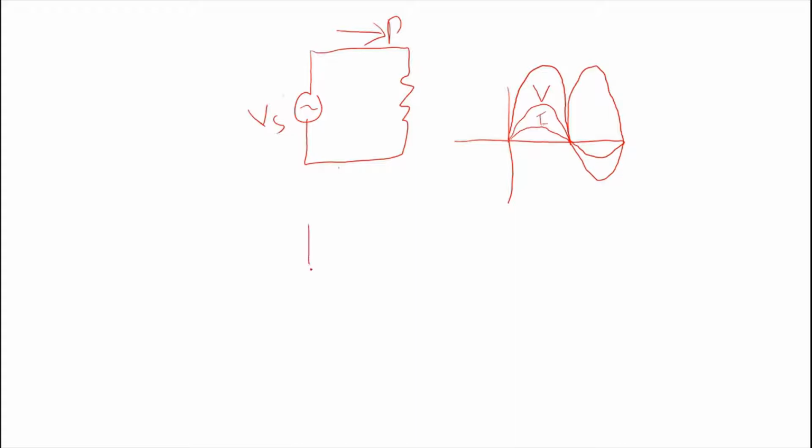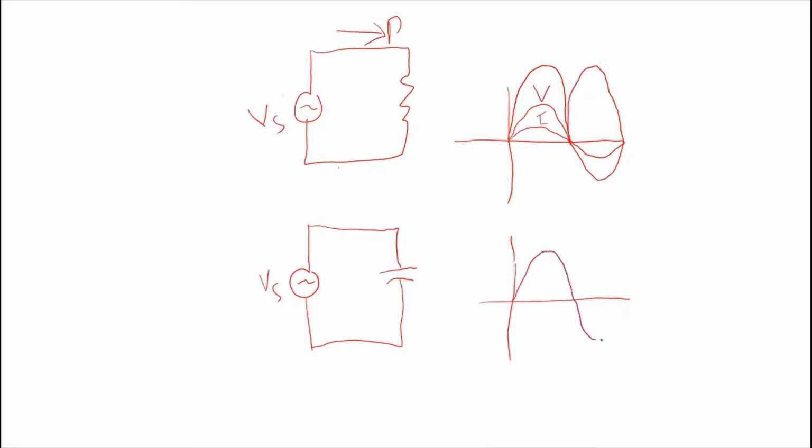But if we talk about a purely capacitive circuit, then if the voltage is sinusoidal, the current will lead the voltage by 90 degrees. So let us say this is the voltage, this is the current.